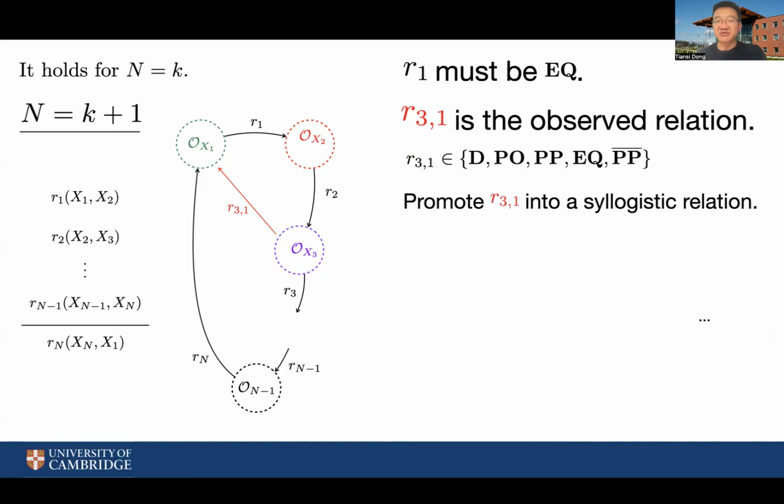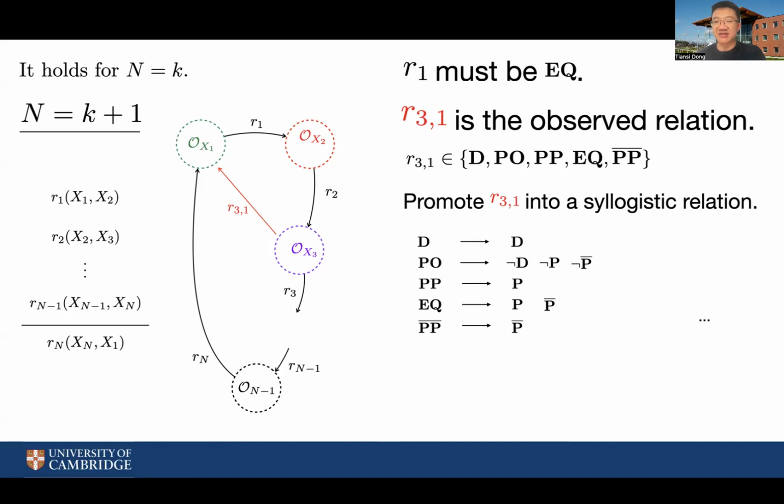What we need to do is promote this relation to a syllogistic relation. If D is still D, that means no O1 are O3. If PO, we need to make it into a negative relation.